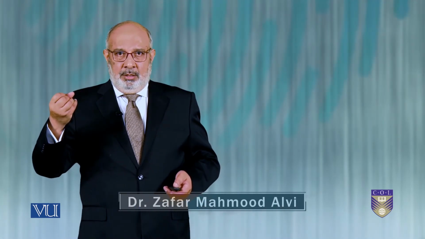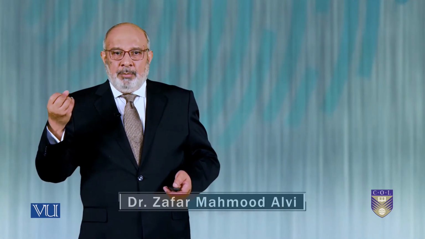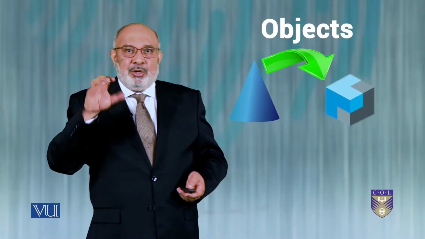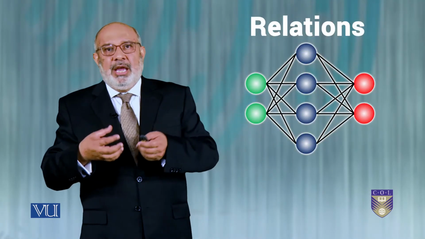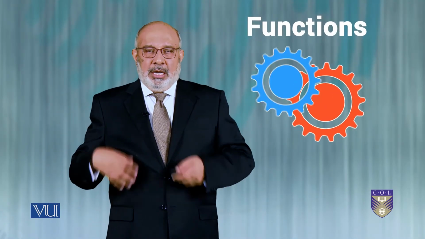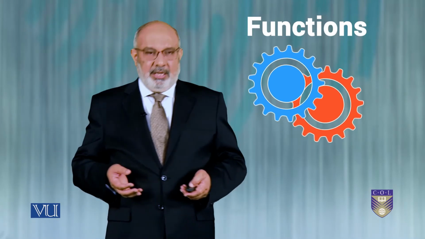So in first order logic, like natural language, it not only assumes that the world contains certain facts, statements, propositions, but also assumes that you have things like objects, relations, and functions. So that's where you get the benefit of first order logic.